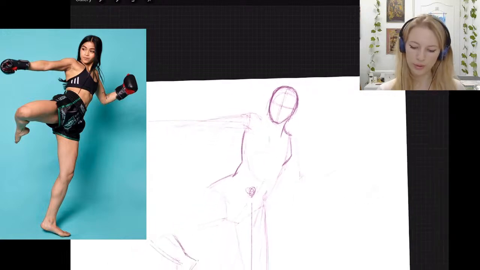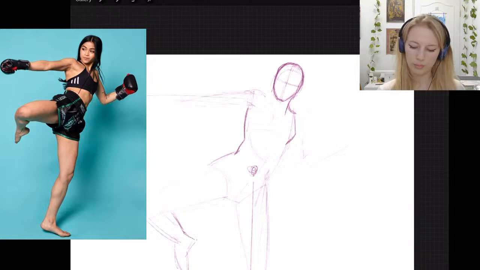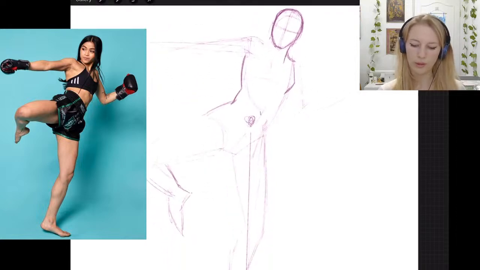And actually no, this dot is not on the belly button, it should be here.